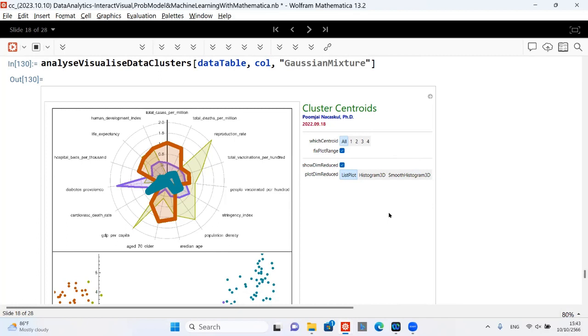Find the cluster. Once you find the cluster, I can't show all 240 countries, right? That would be messy. So each ring is the average within each cluster, and that average is called the centroid.